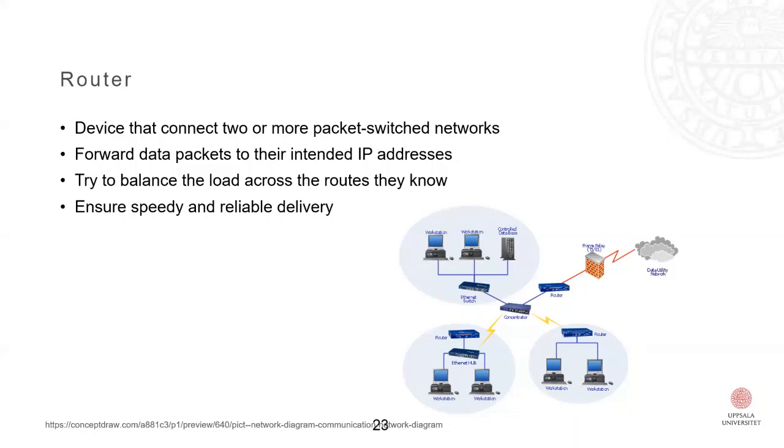So routers take care of the load on these routes and try to balance it so that, for example, one route is not left empty while there are others which are too occupied and have long waiting times. And the routers ensure speedy and reliable delivery by, for example, balancing their load and other mechanisms that they take care of.